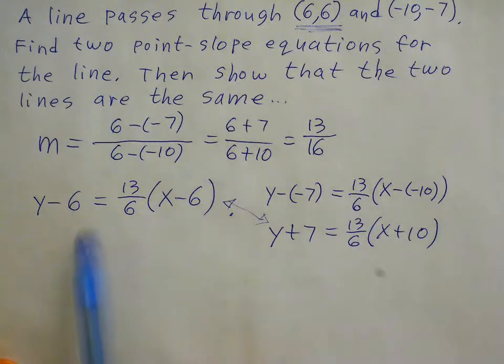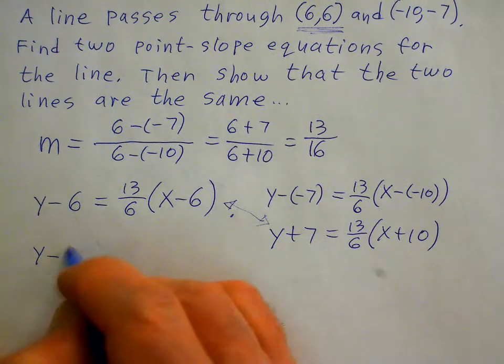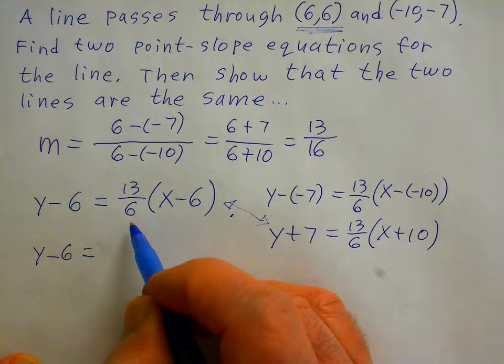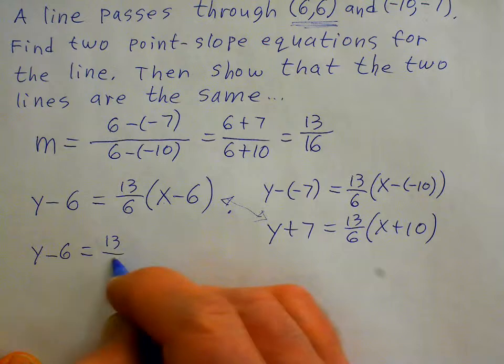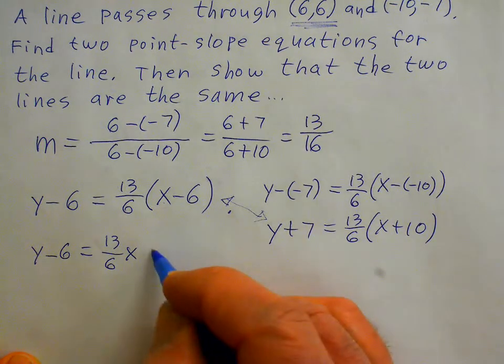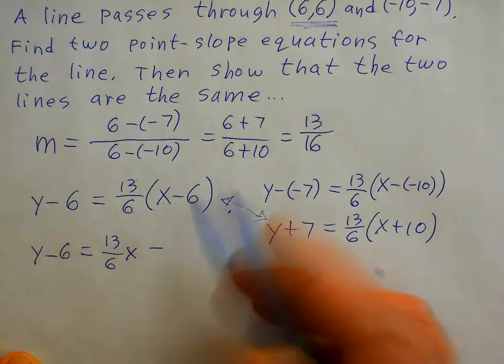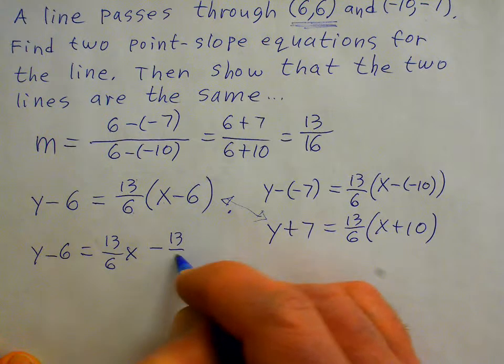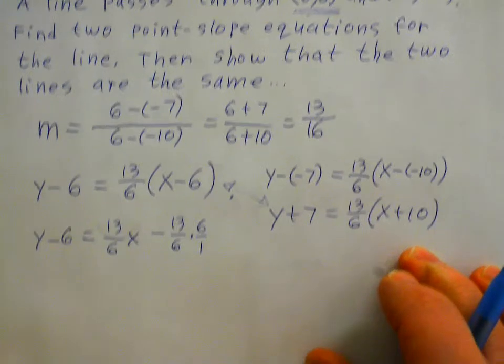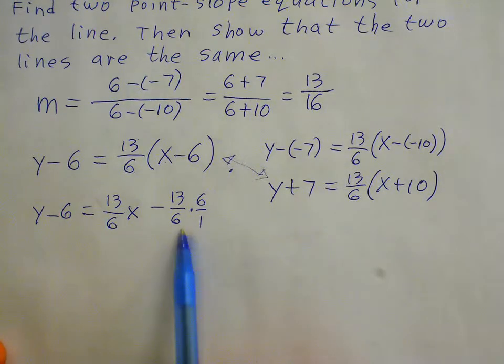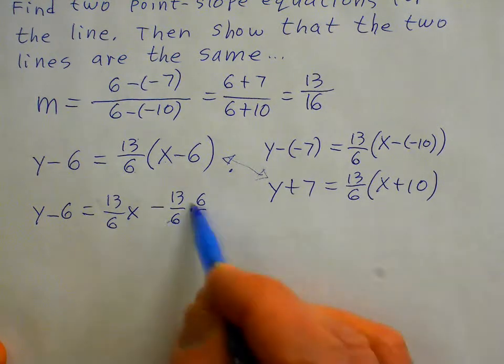So let's rewrite each of those in slope-intercept form. So we'll start on the left. We'll distribute multiplication by 13 over 6. So 13 over 6 times x is 13 over 6 times x. And then minus 13 over 6 times 6, 13 over 6 times 6 over 1. So this is going to simplify to minus 13.